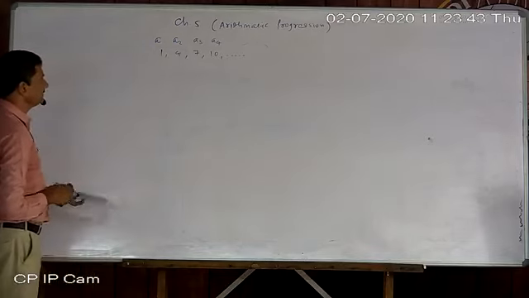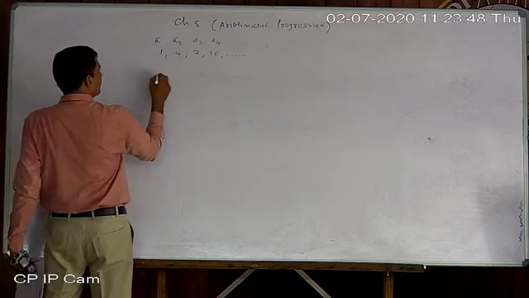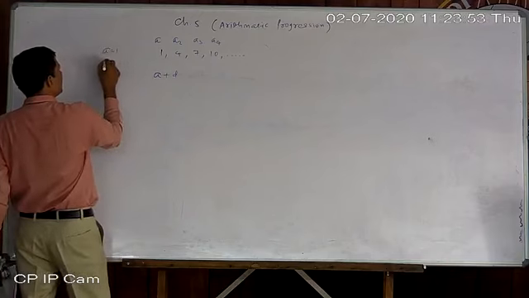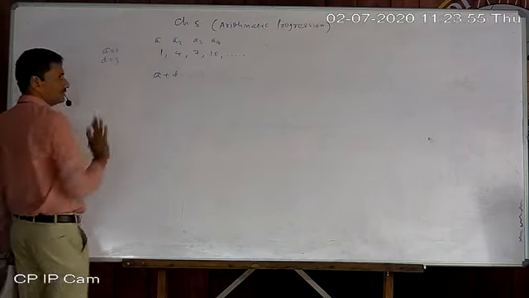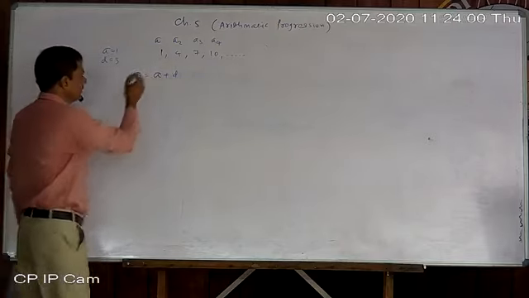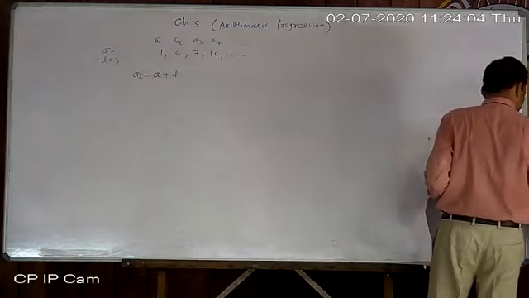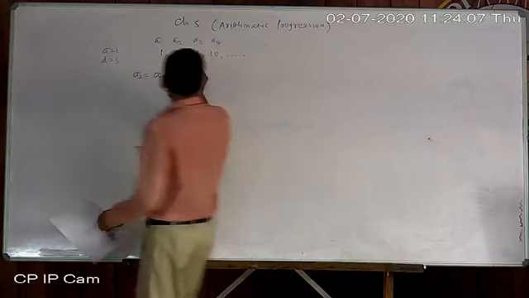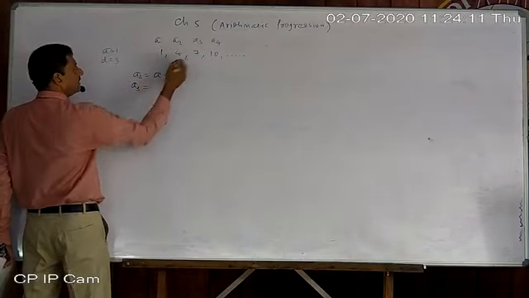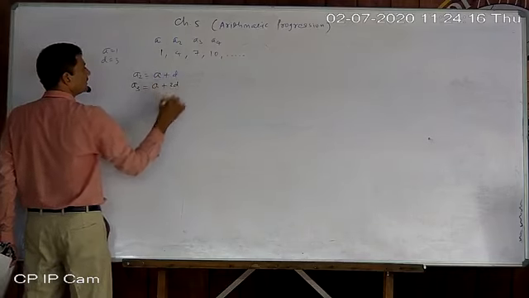You can see here, for the second term, actually it is a plus d only. Here a equal to 1, d equal to 3. We already discussed why. So the second term is nothing but a plus d, that is 1 plus 3. A3 is nothing but either A2 plus D, otherwise A plus 2D.